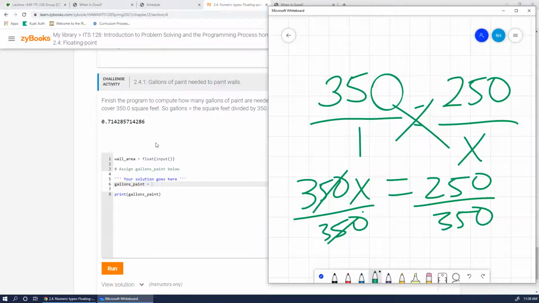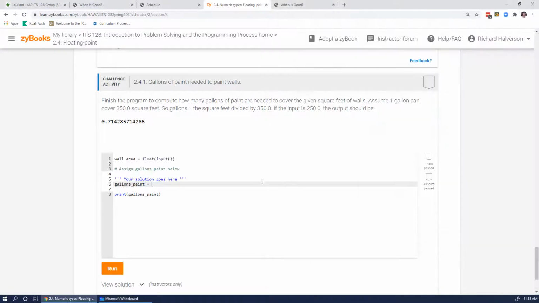It's this constant here. So 250 is the number that was input. So this equals wall area, because that was the number that was input. And then I'm going to divide that by 350. That's a constant.